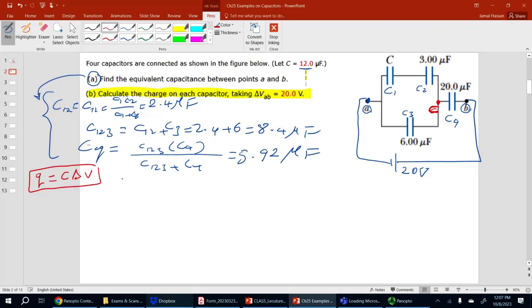So Q total is equal to C equivalent, or C total, multiplied by delta V, which we know.